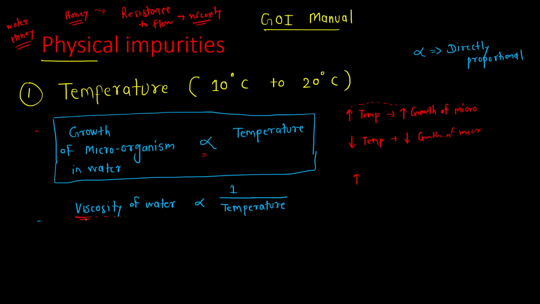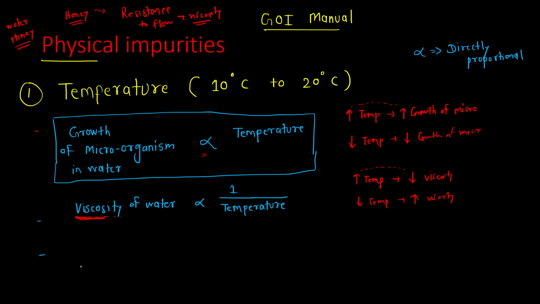Now coming back to the main point, the viscosity of water, that is the resistance to flow of water, is inversely proportional to temperature. That means if the temperature increases, the viscosity will decrease. Similarly, if the temperature decreases, there will be an increase in viscosity. This relation is an inverse relation, hence we call it inversely proportional.